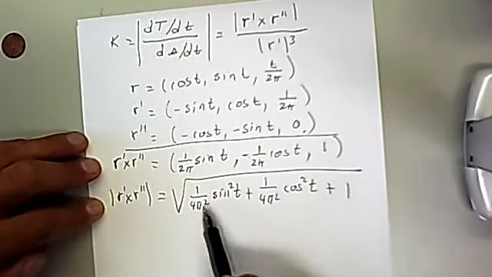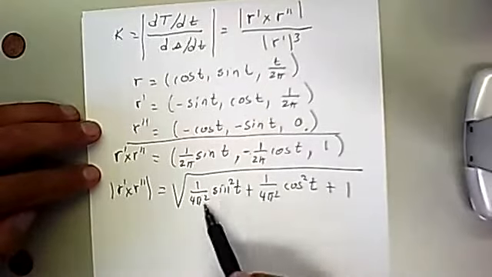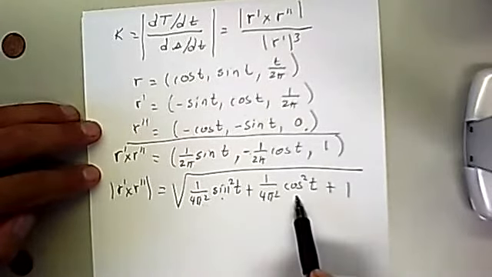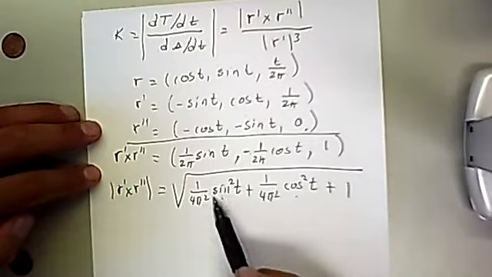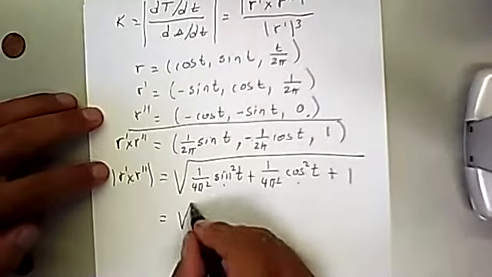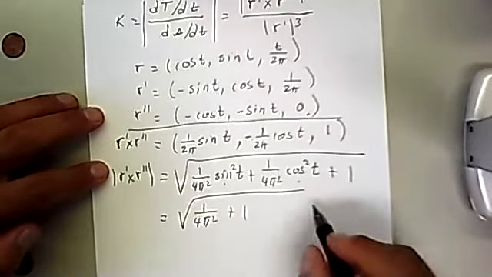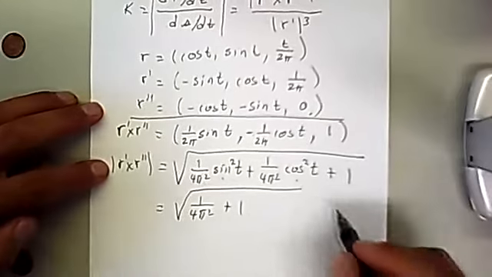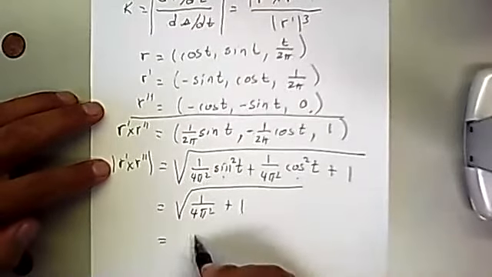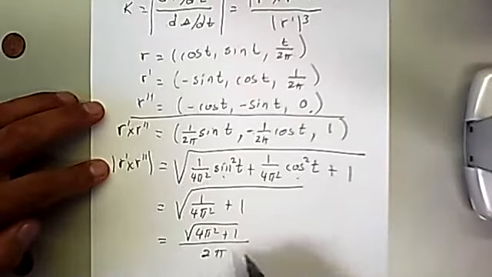And we can factor out the 1 over 4 pi squared, and then we end up with sine squared plus cosine squared, which is equal to 1. We still have this factor out, so we end up with the square root of 1 over 4 pi squared plus 1. And we've done this a few times. This is going to be the square root of 4 pi squared plus 1 over 2 pi.